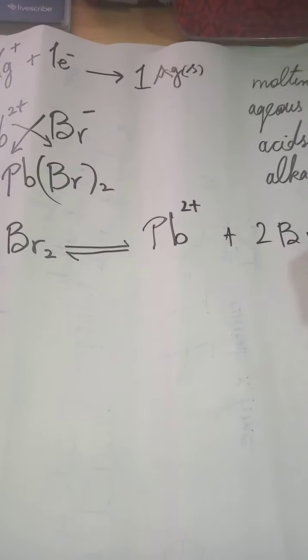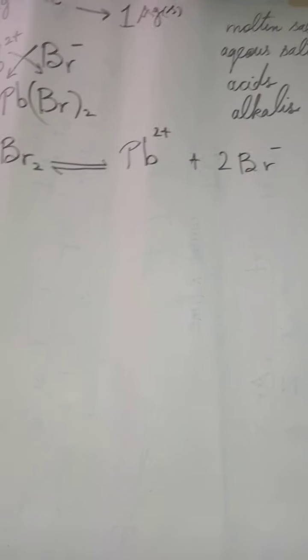So lead bromide, we know that lead is 2 positive in this case, and bromide is 1 negative. So the valencies will cross multiply. We'll get PbBr2. When we ionize it in a molten form, that's what it would look like.